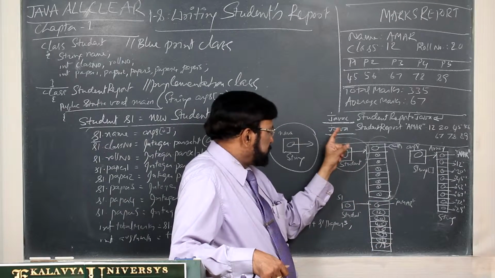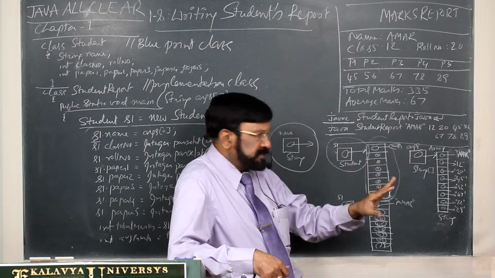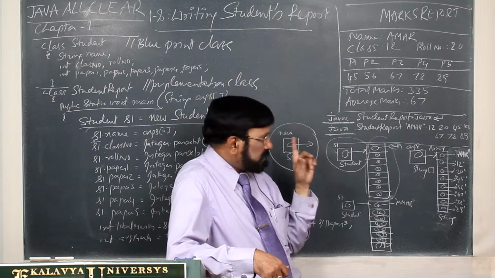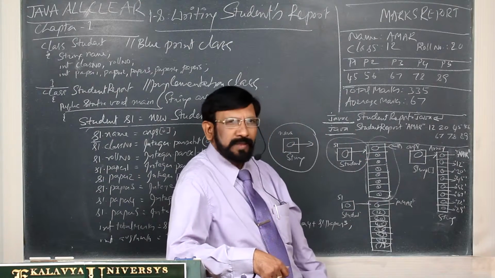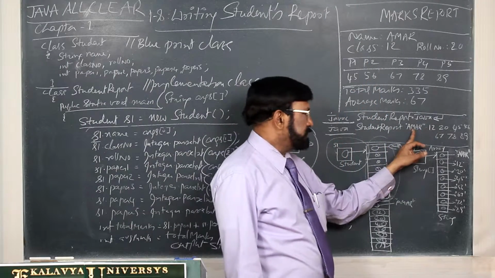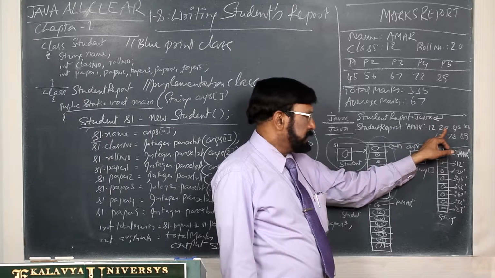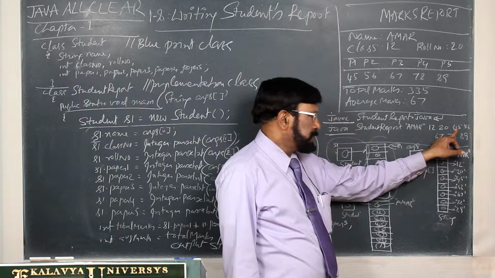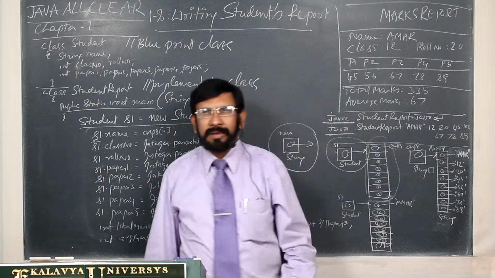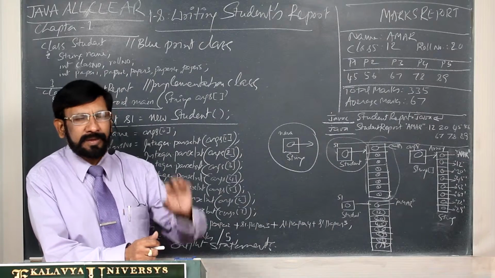For interpretation, java StudentReport, no extension, and whatever values are required to be given, those values you have to give. Now we see same order, whatever order you want you give it. Amar, name, class number, roll number, paper 1, marks in paper 1, paper 2, paper 3, paper 4, paper 5. Here one biggest limitation is here no prompt statement.